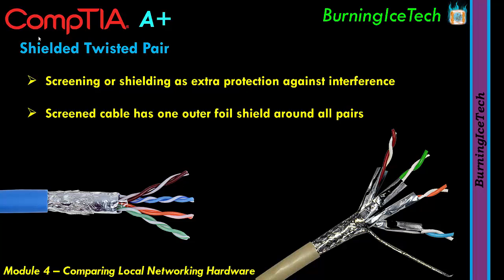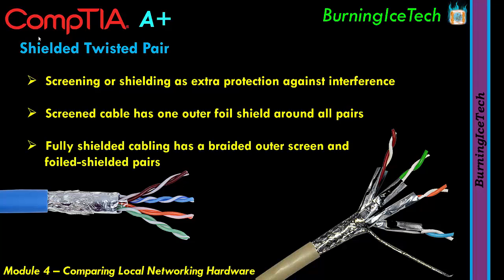And when you get cables called fully shielded cable, this has got a braided outer screen and it's got foil around the individual pairs. So if you look at the bottom right cable there, you'll find that those 4 pairs have got shielding around them individually. And then on top of that, it's got another braiding around that. So that is probably the best kind of quality cable you can get. And believe me, it comes at a price. Nothing in life is for free, so expect to pay a little extra for that, folks.